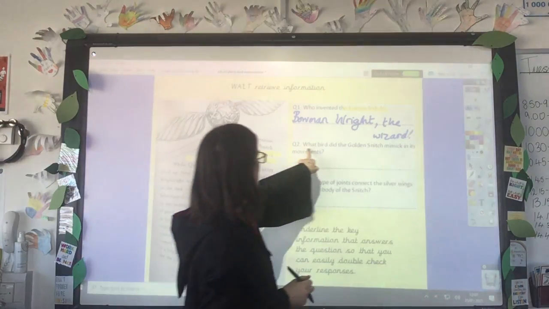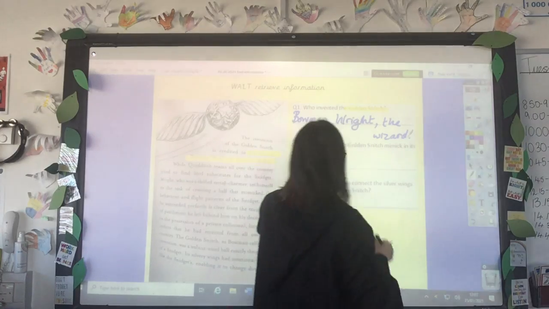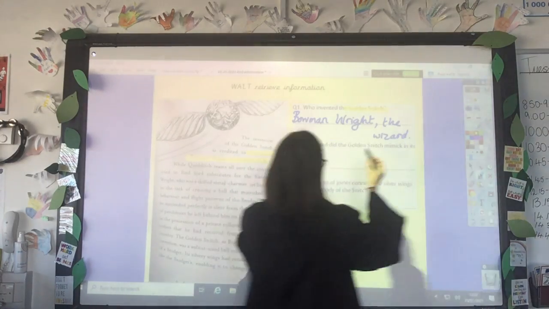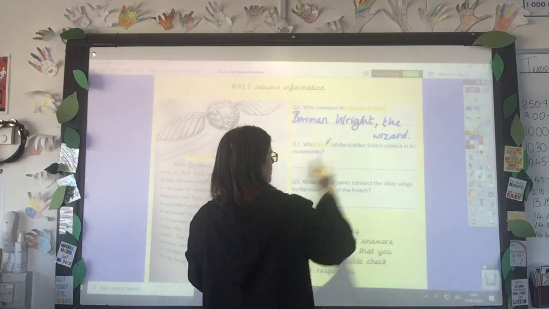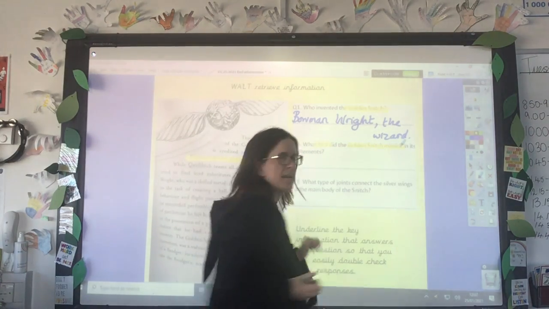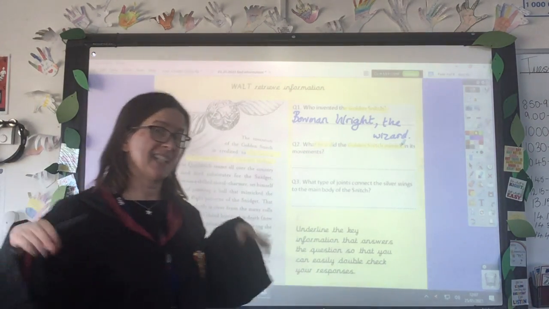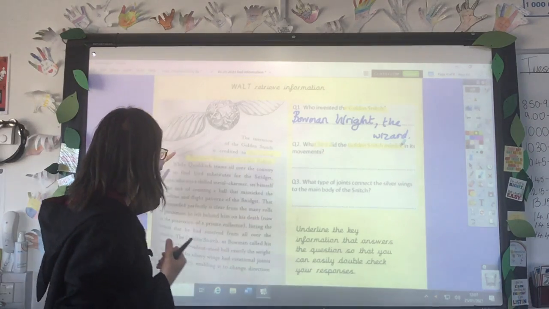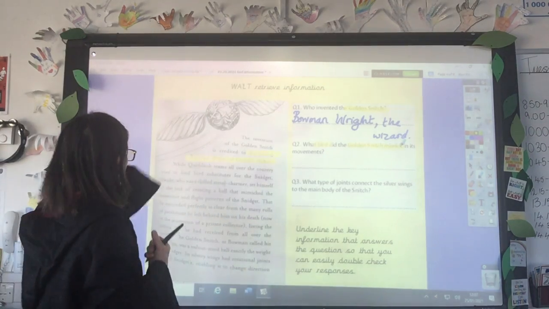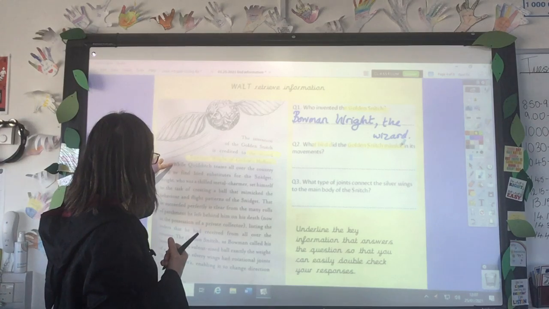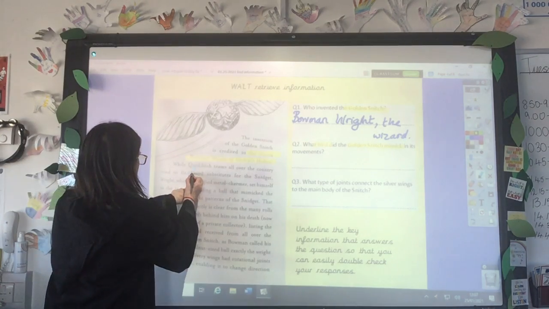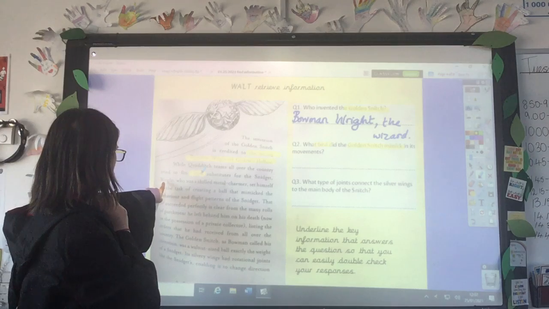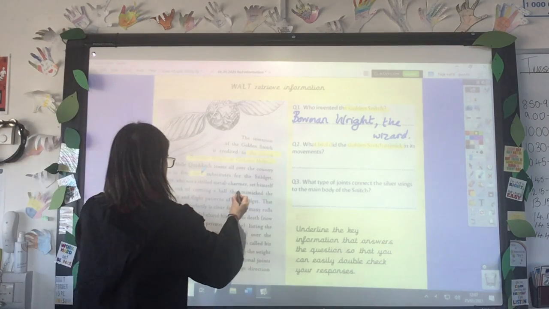Okay, question 2. What bird did the golden snitch mimic in its movements? So now I'm trying to find out a bird that the golden snitch mimics. So it looks the same as this bird when it moves. So let's see. I'm not going to read the whole thing to you. I'm going to scan. Oh, I've already seen the word bird. Oh, and mimicked.